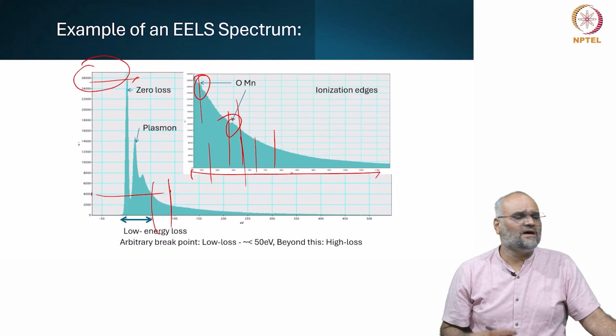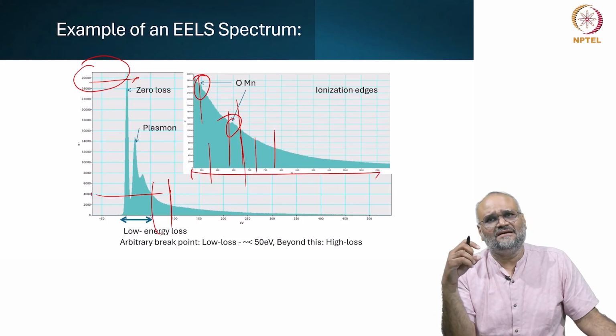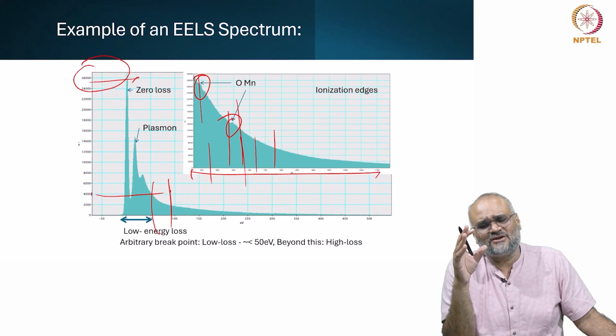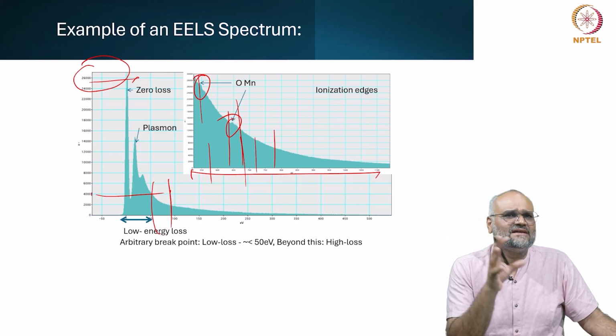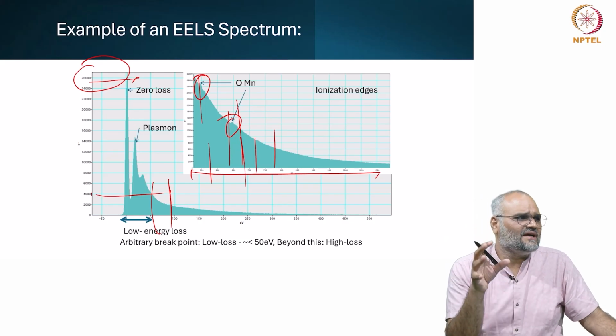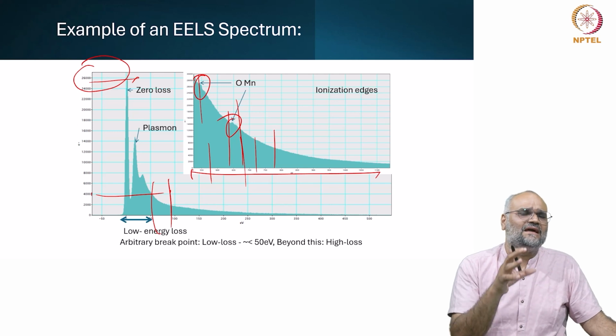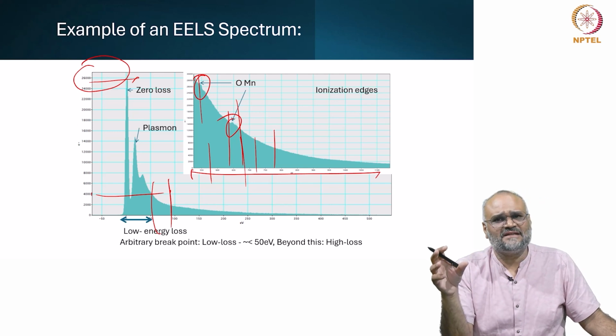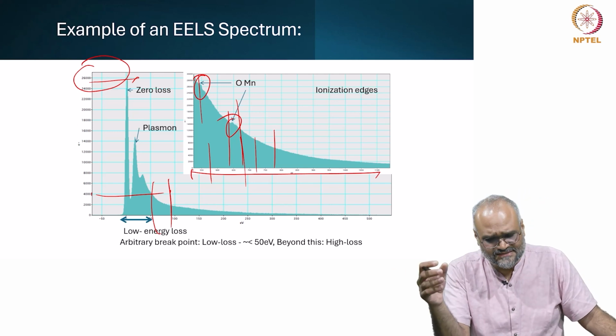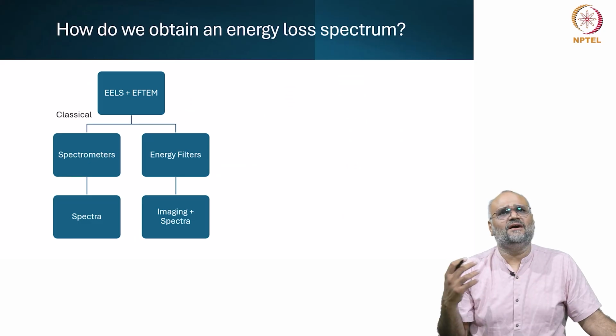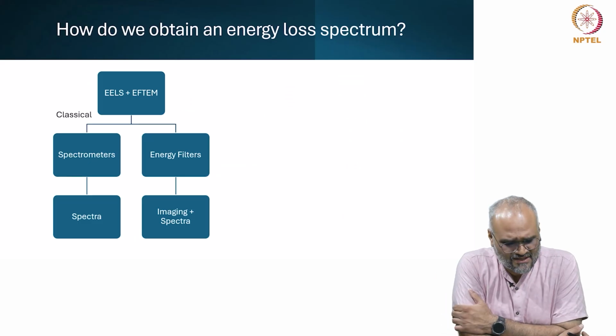Okay. So now let us try to understand the conceptual construction of the EELS spectrometer, and how we obtain the energy loss signal from a transmission electron microscope in the upcoming slides. So how do we obtain the energy loss spectrum?